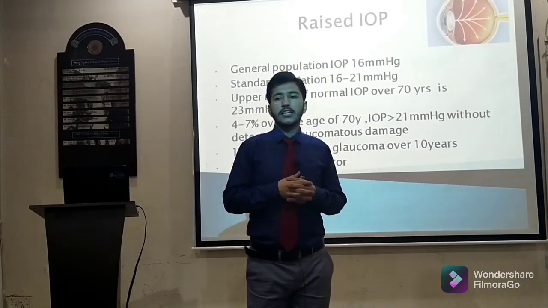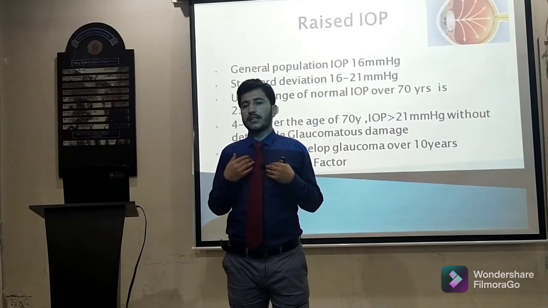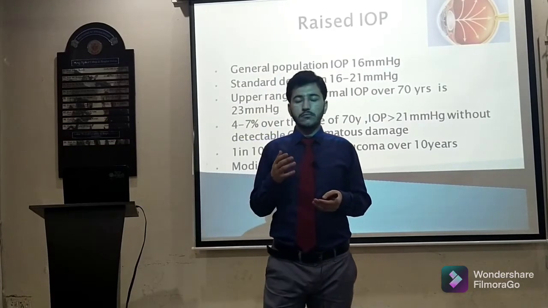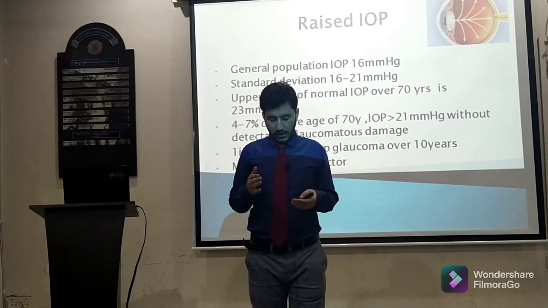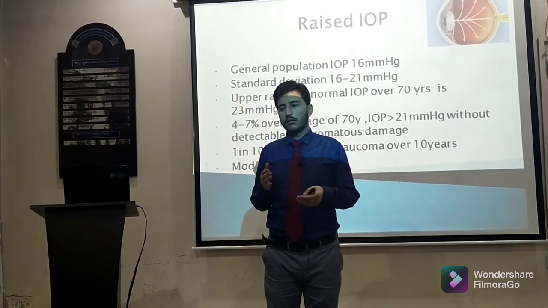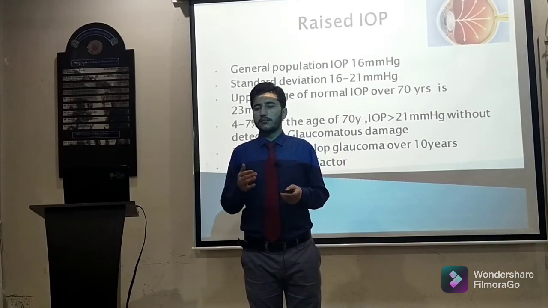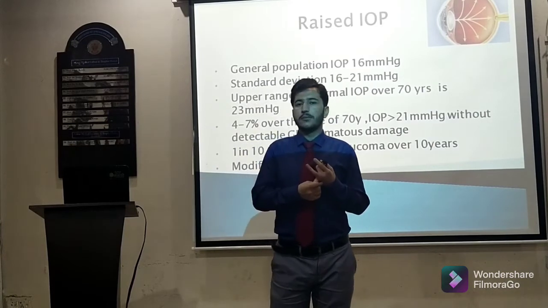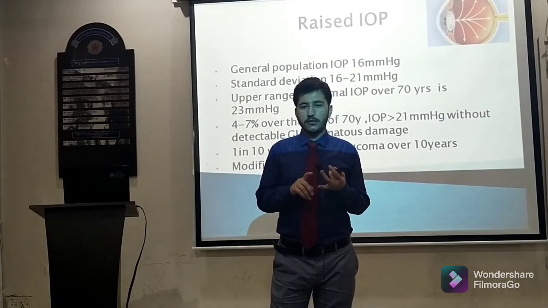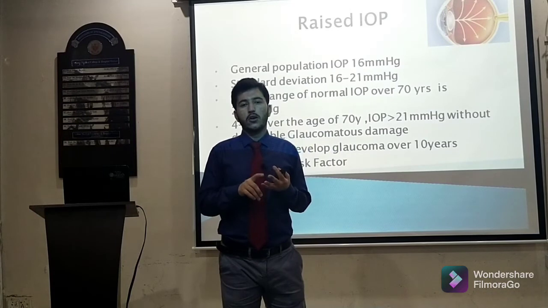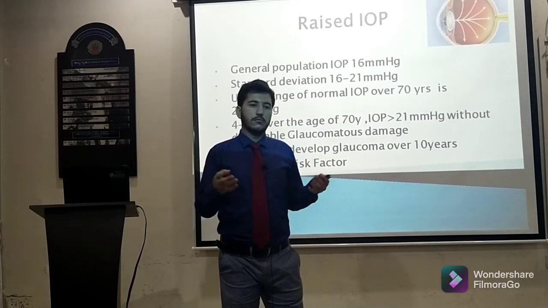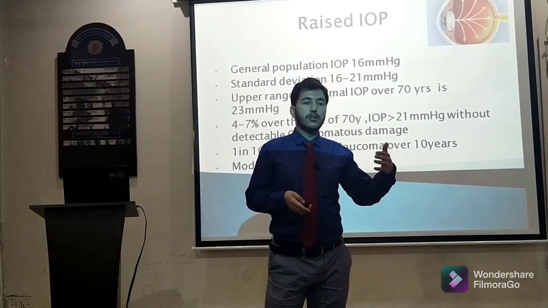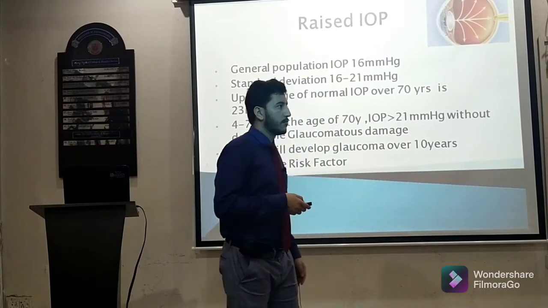It gives us the concept of ocular hypertension. If the person has ocular hypertension, his IOP will be raised, but if there are no parameters of glaucoma like optic nerve damage or visual field loss, we will not label the patient as a glaucoma patient.